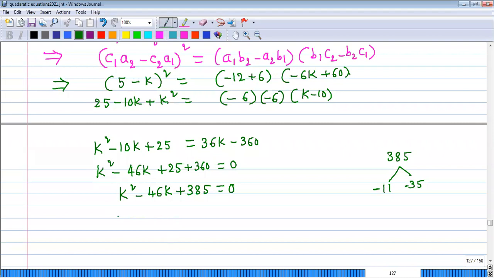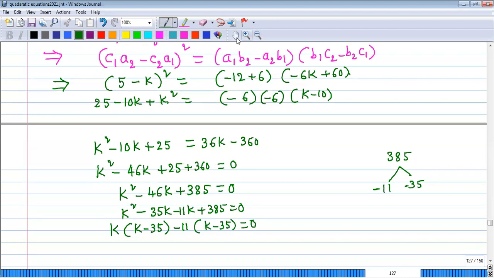So k square, we can write minus 35k minus 11k plus 385 equals 0. K common, (k minus 35), minus 11 common, (k minus 35) equals 0.